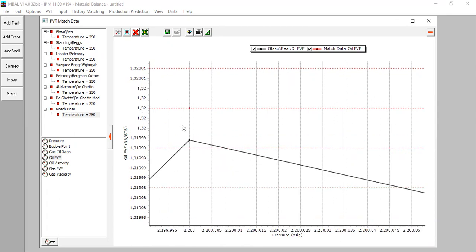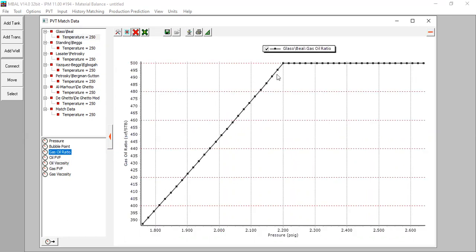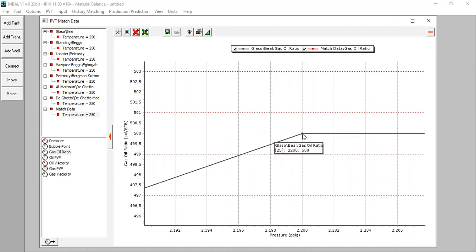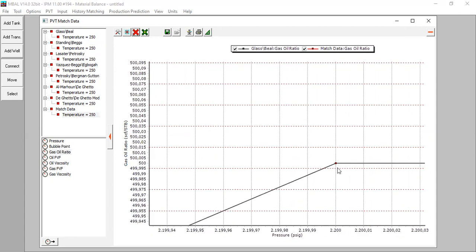They are very, very close. Then I want to show the gas oil ratio instead. Gas oil ratio like this, and then the laboratory data there. Almost perfect match. So I think it's good.